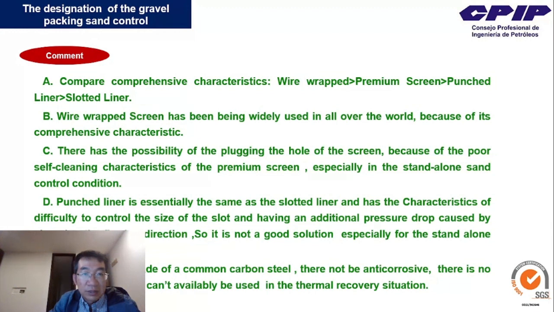The wire-wrapped screen has been widely used all over the world because of its comprehensive characteristics. There is the possibility of plugging of the holes of the screen because of the poor self-cleaning of the premium screen, especially in the standalone sand control condition.